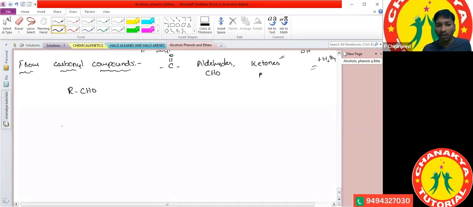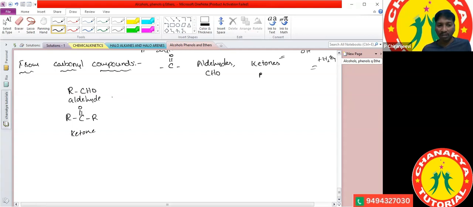So the ketone functional group we can write as R bond C double bond O R. RCHO, RC double bond OR. The first one is called an aldehyde, the second one is called a ketone.